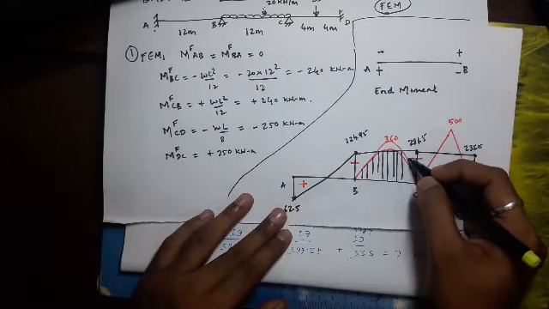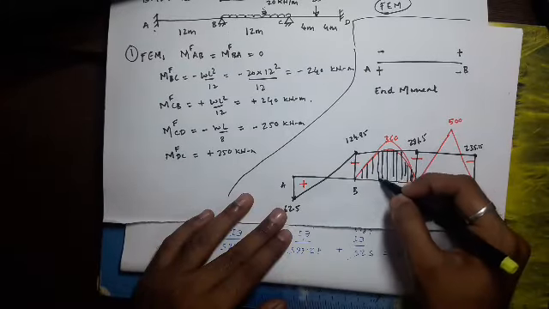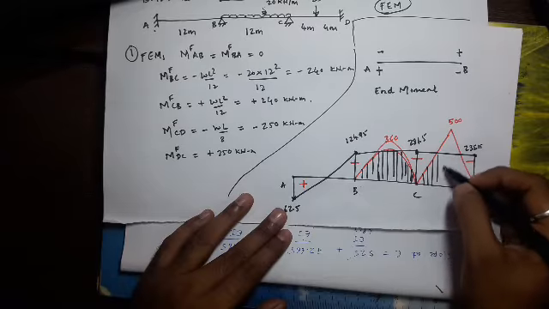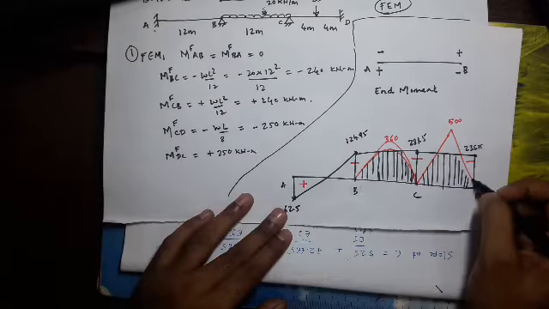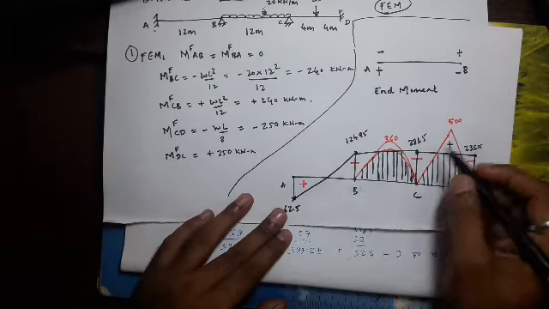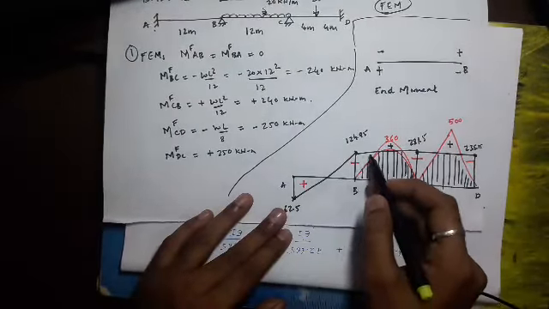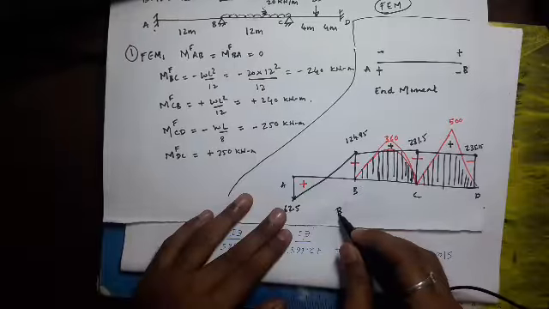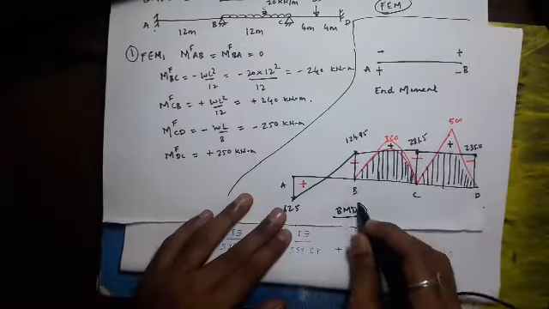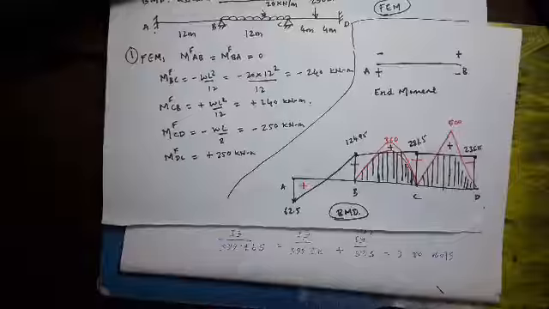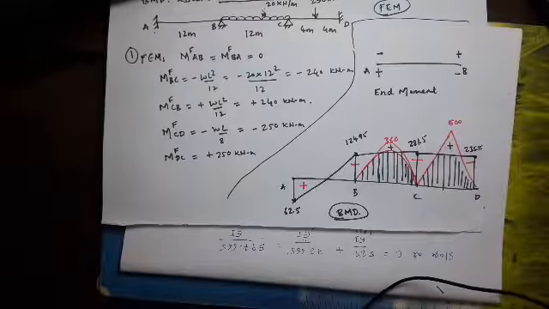Okay, you can draw like this. This part is nullified. So whatever free moment remained, it is positive moment. Here we have a negative moment. So this is the bending moment diagram. Thank you for watching this video.